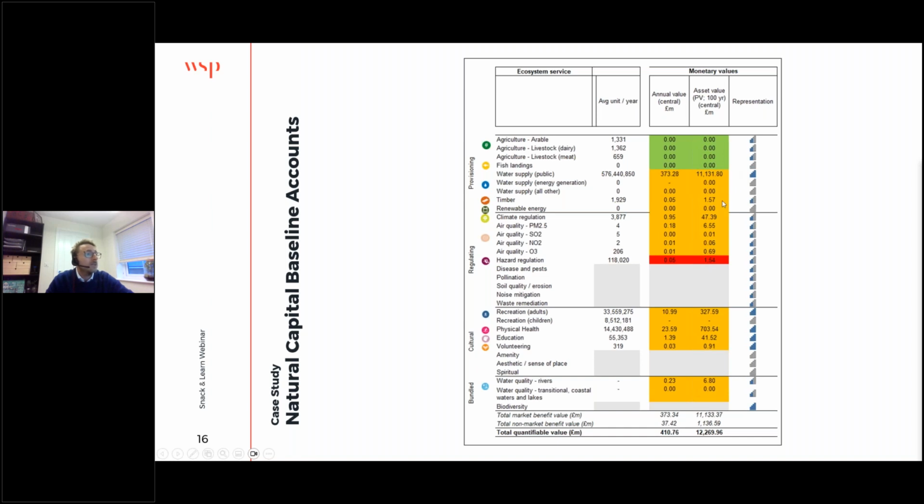But we can also see, for example, that climate regulation, recreation, and physical health benefits weigh quite heavily in the overall results. So we can also go beyond the scoring system and establish monetary values for ecosystem services.